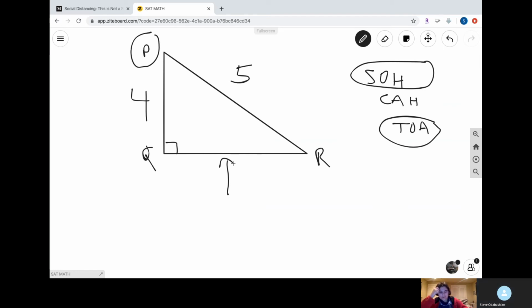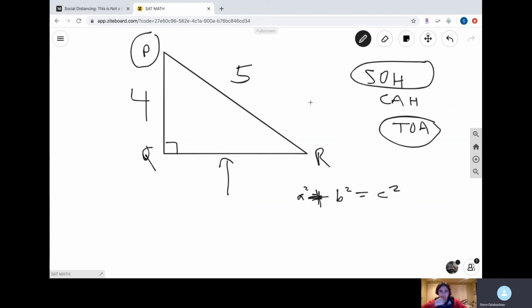Well, I can use the Pythagorean theorem. So that would be 5 squared equals 4 squared plus QR squared. I just realized I wrote it incorrectly. It should be A squared plus B squared equals C squared.